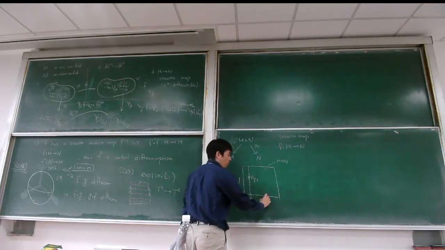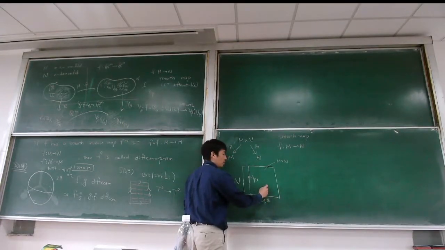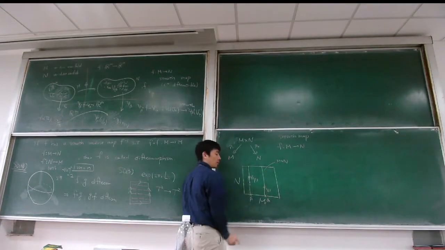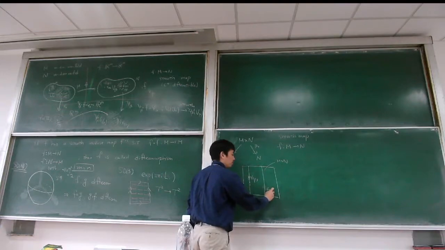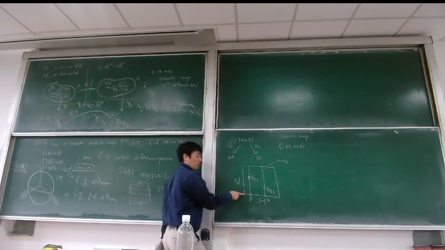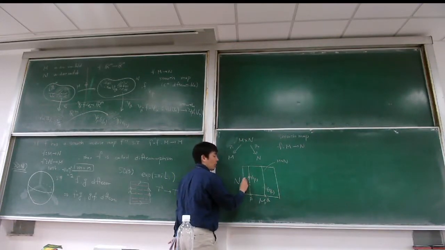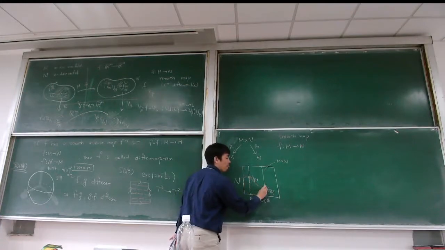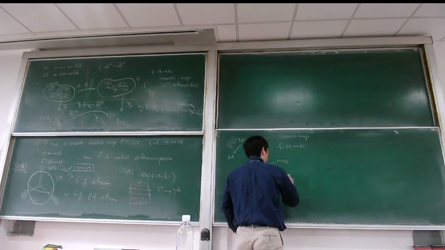And for each point, for instance q, there is a point f of q inside this one copy of N. Then at the end of the day, if you look at the image of all the points under this map, one can construct a graph, which is called gamma of f.